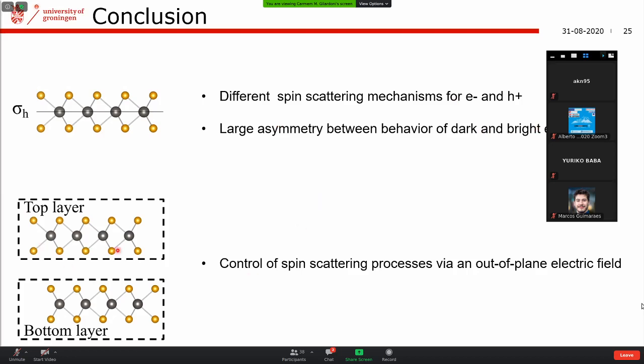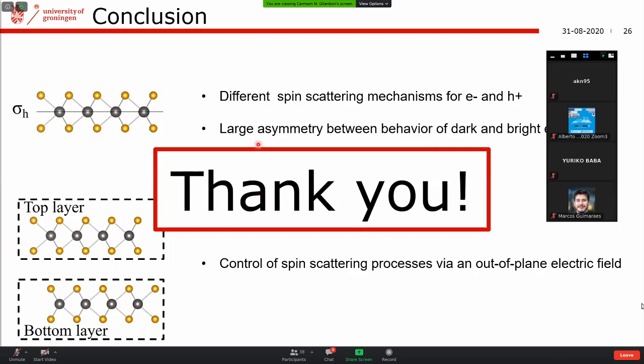Now for the bilayer, despite the presence of inversion symmetry, there's this hidden spin polarization allow us to create spins optically. And we can control the behavior of these spins via electric fields, both in plane, but most importantly, out of plane. So with this, I would like to end, and thank you very much for your attention.